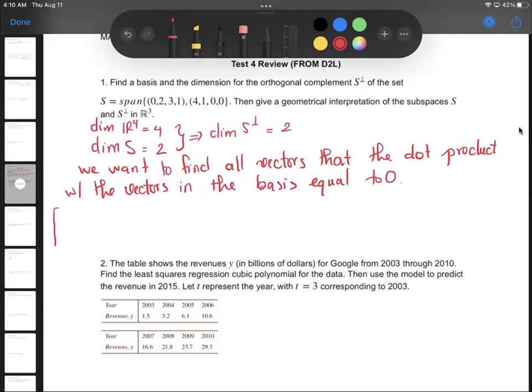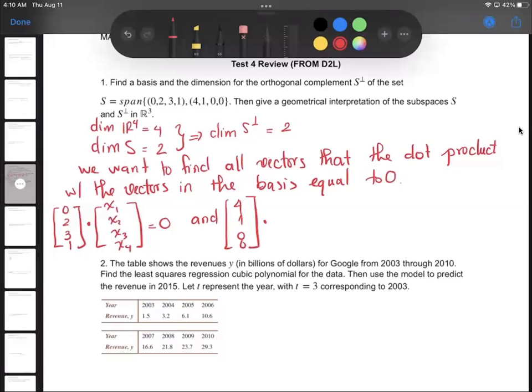So that means we have two vectors there in S. So vector (0, 2, 3, 1) dot (x1, x2, x3, x4), which is in R4, is equal to 0, and the remaining vector, which is (4, 1, 0, 0), dot (x1, x2, x3, x4) is equal to 0 also.